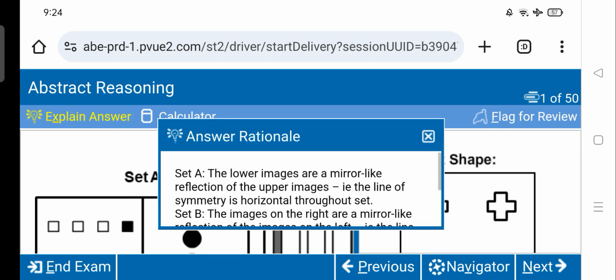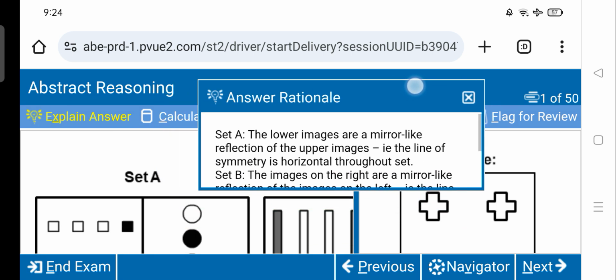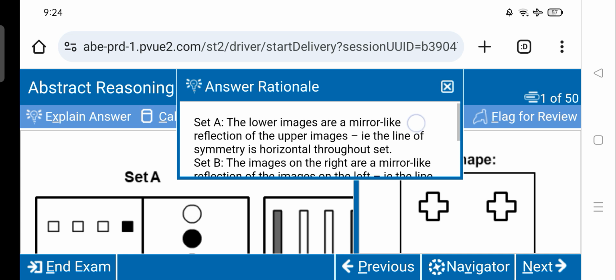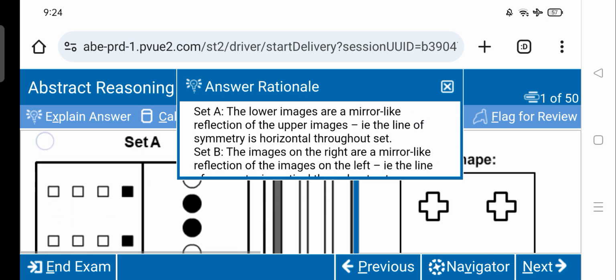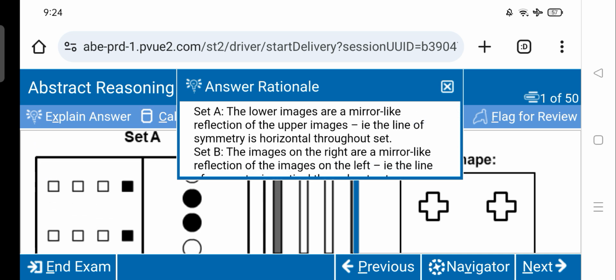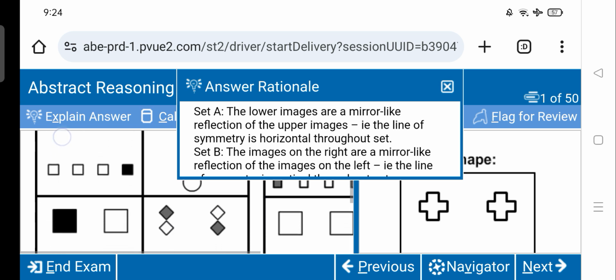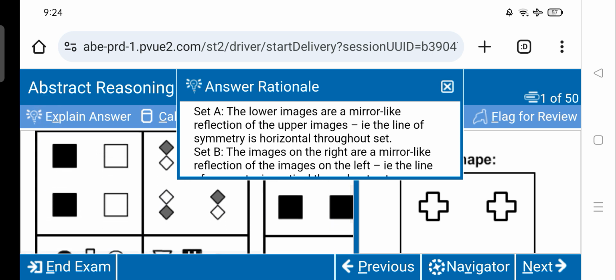Okay, so here we have an explained answer. Set A is about the lower images being a mirror-like reflection of the upper images. That is, the line of symmetry is horizontal throughout the set.